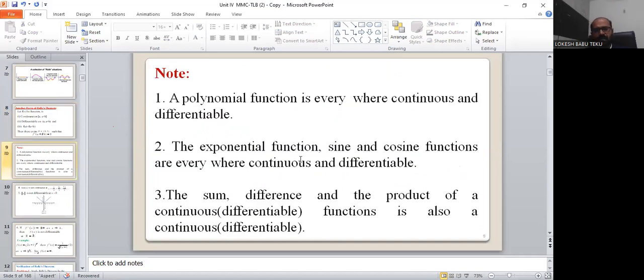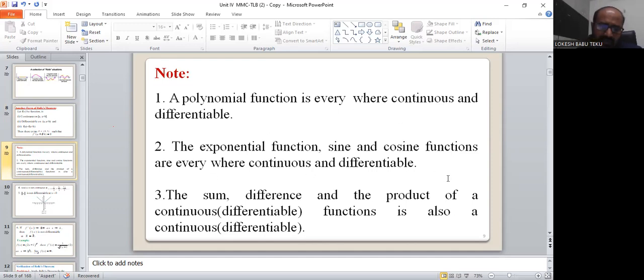Before going to solve some problems, we should recall some points which we already discussed from the intermediate level. A polynomial function is everywhere continuous and differentiable. If you take any polynomial, f of x equals x square plus 2x plus 1, that polynomial is always continuous and differentiable. So note down this point. Exponential functions like e power x, sin x, cos x are also everywhere continuous and differentiable.